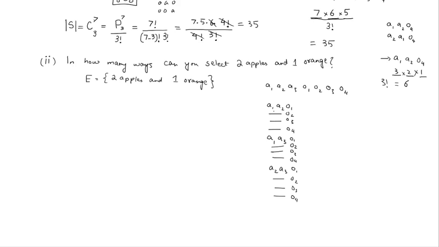And since I can't have any other pairs of apples, A1 and A2 done, A1, A3 done, A2, A3 done, no other pairs can exist. Right? So this gives me 12 ways of picking 2 apples and 1 orange.